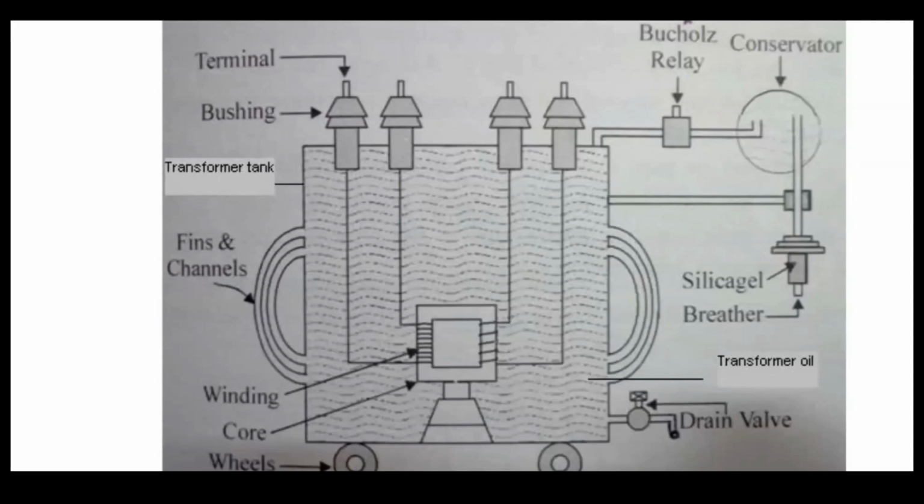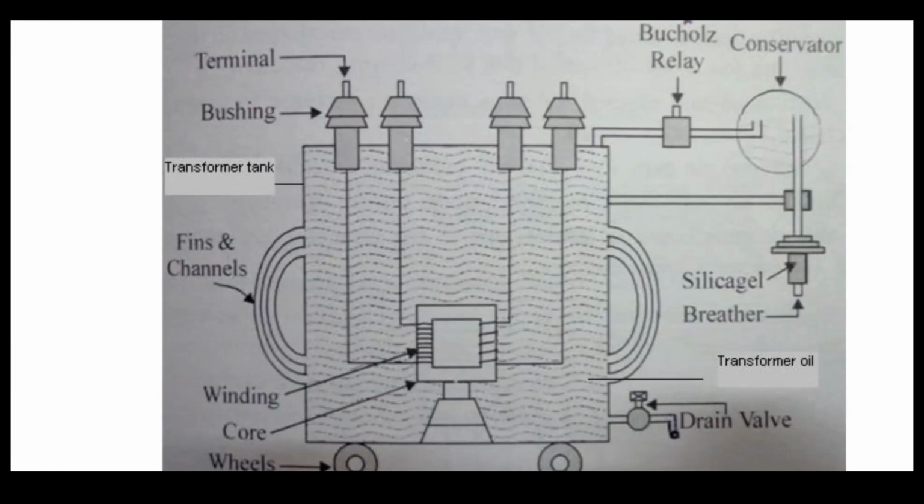Okay, so in the winters the oil contracts. So when oil is contracting, then the extra oil is supplied from the conservator to the transformer tank. Okay, and during the summer and full load condition, due to rise in temperature, the transformer oil expands. So when it is expanding, again the extra oil is transferred from the transformer tank to the conservator.